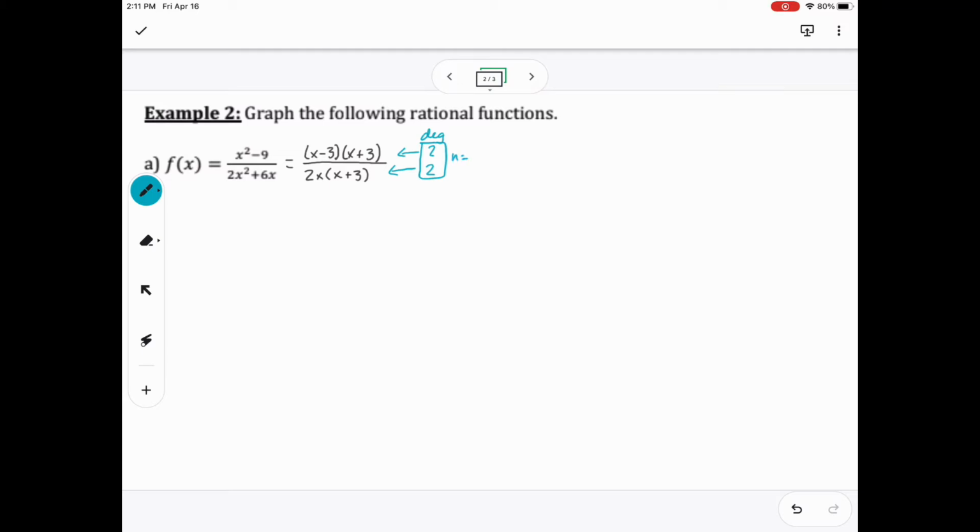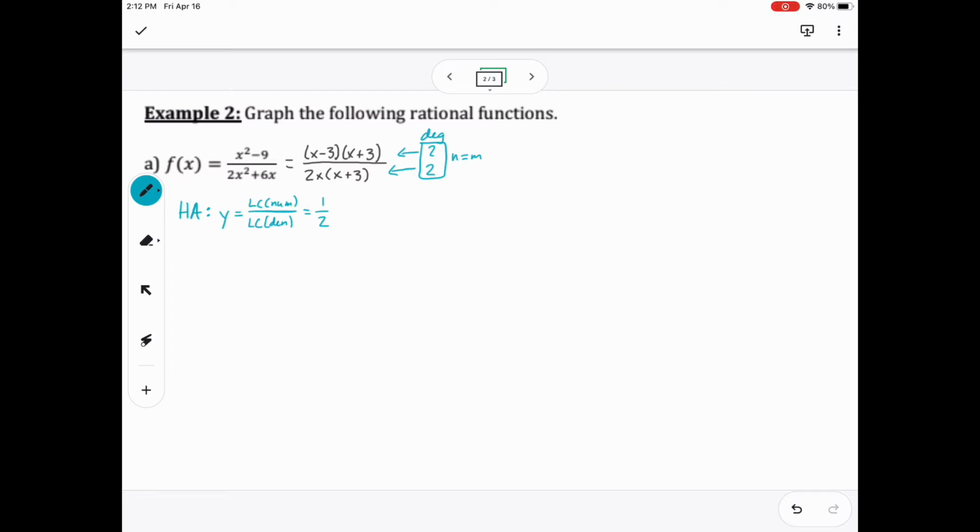I'm going to take the numerator's leading coefficient of 1 and divide it by the leading coefficient of the denominator, which is 2. So in this case, I'll get 1/2. Sometimes you do get fractions, sometimes there'll be whole numbers. It just depends on the situation, okay?